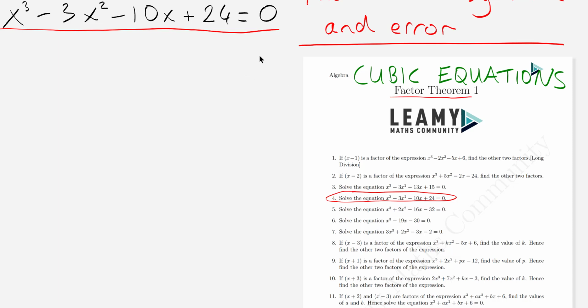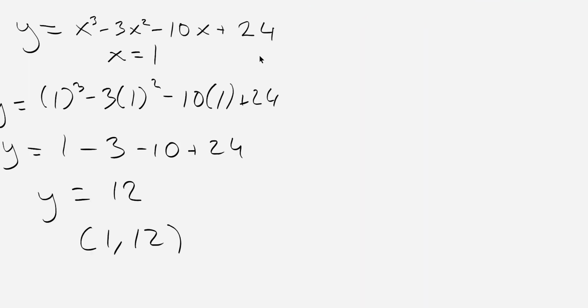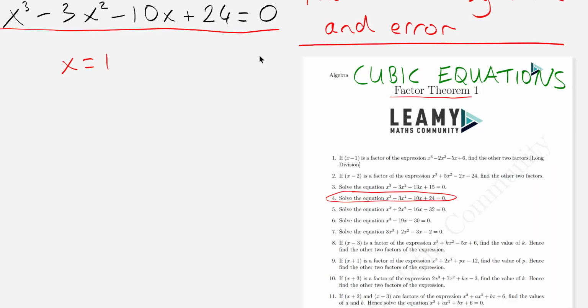That just means filling in different x values and seeing if it all tidies up to 0, if the output, or the y value, is 0. So the first thing you would try is x equals 1. Now, we already know that when we tried x equals 1 a while ago, the output was 12. So we know that when x equals 1, y is going to be 12, so x equals 1 is not a root. So next we'll try x equals 2.